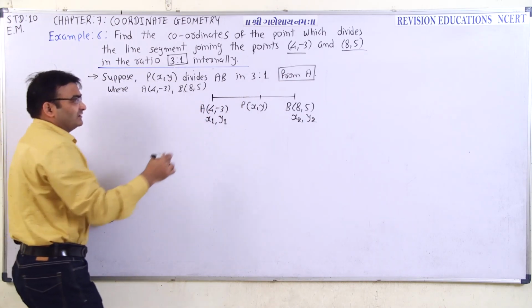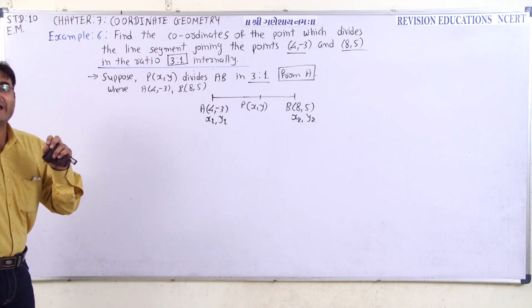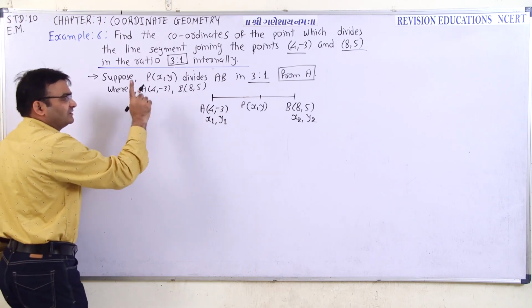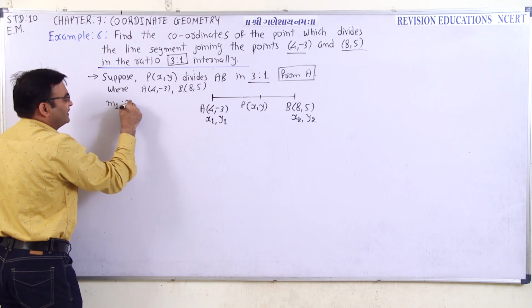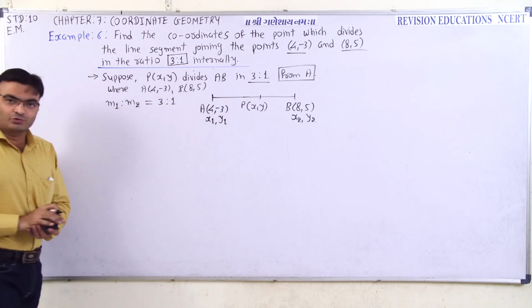Now the ratio is given here, so we use the formula m1:m2. Here the ratio is given, so we write m1:m2 is equal to 3:1.